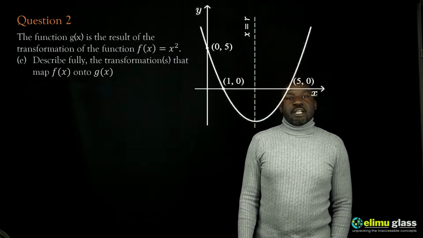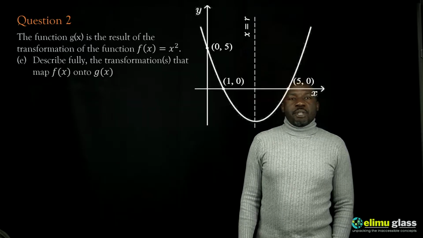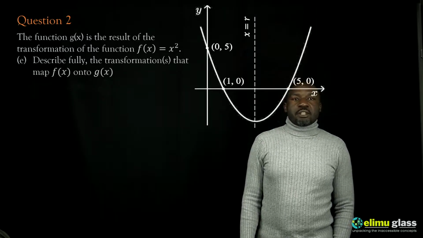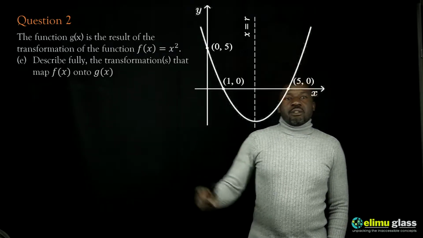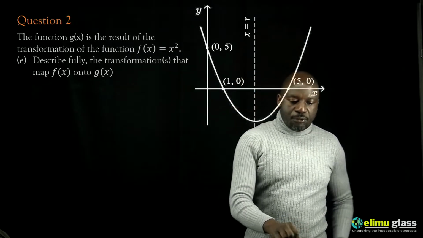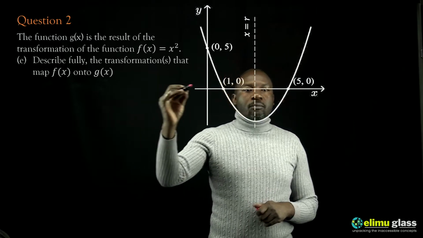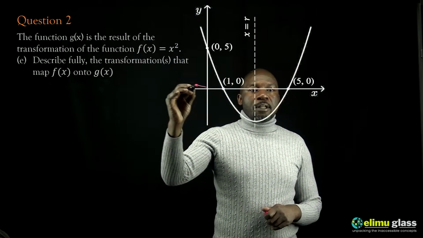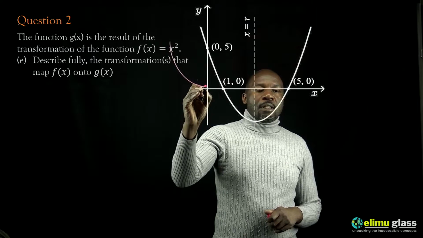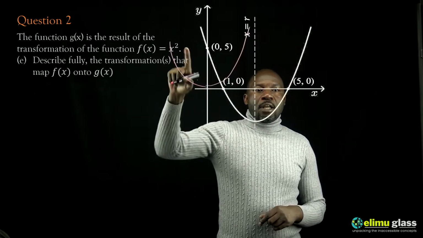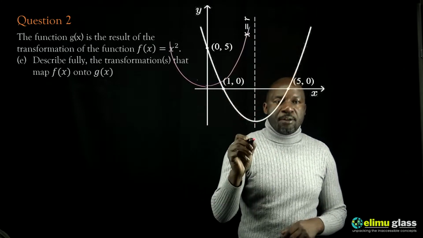The function g of x is the result of the transformation of the function f of x, which is x squared. Okay, so basically the function has moved from this point here. This function was here, like that, and it has shifted down to this point.